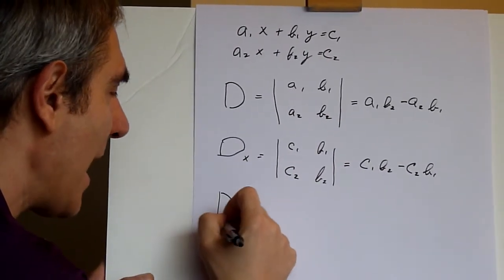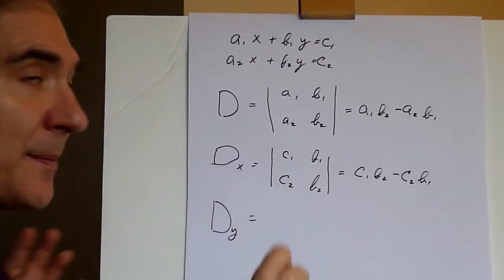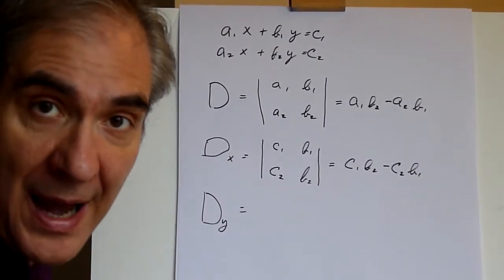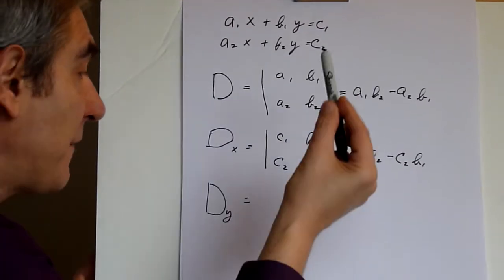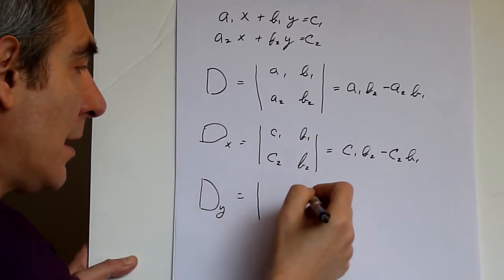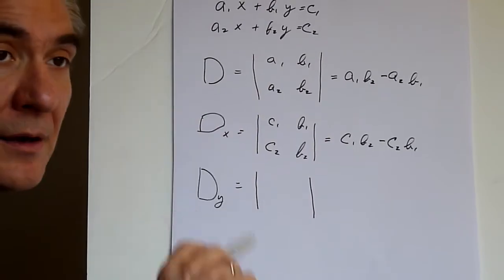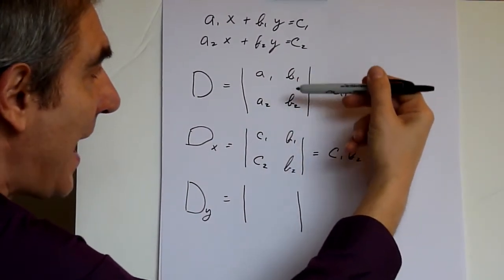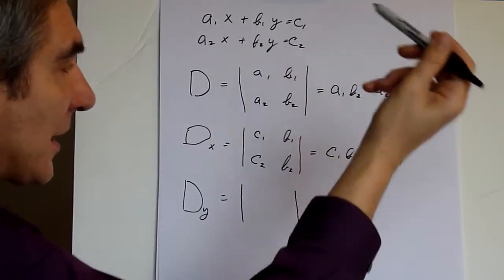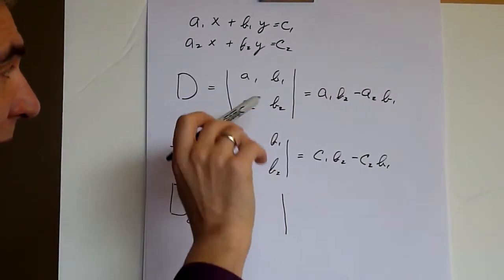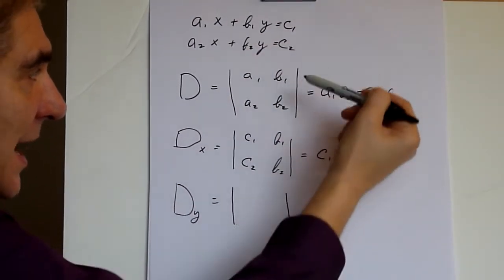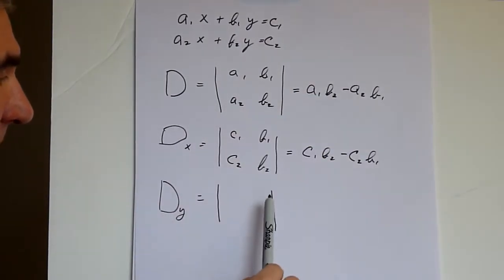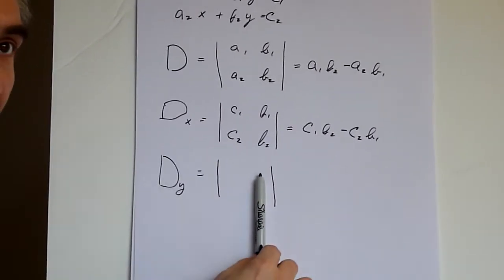You can almost imagine what D sub y is going to be. It follows the same rule we followed for D sub x: instead of having the y coefficients in the spot over here, we replace them with our constants. So for D sub y, we replace the y coefficients with our constants. C1 and C2 end up where the y coefficients were.